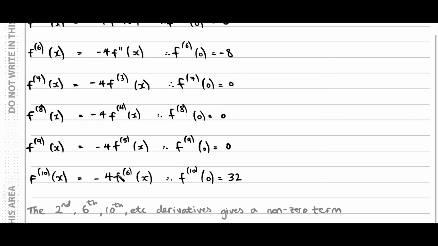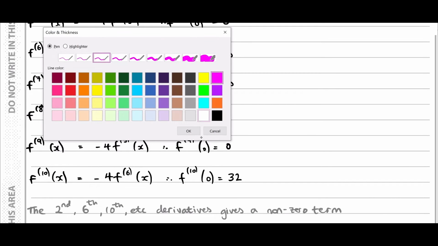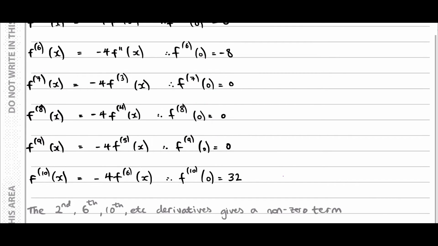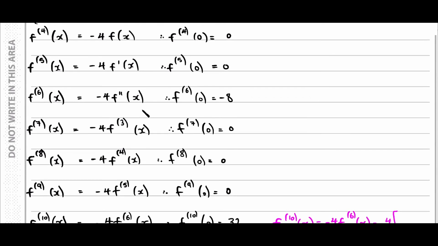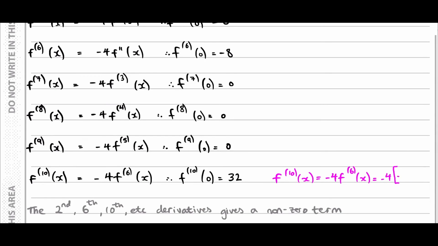And remember, the sixth derivative, if I just write it again over here, we have -4 lots of the second derivative.